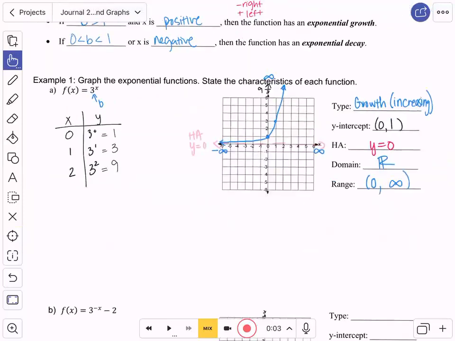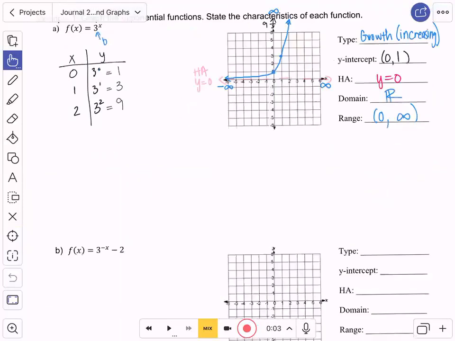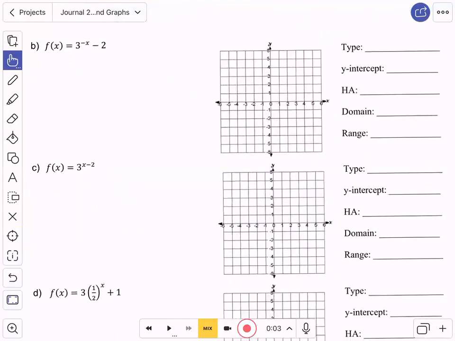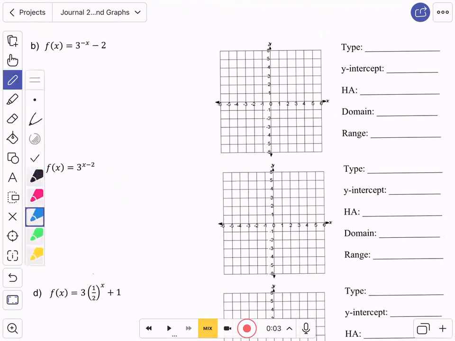All right. So let's try the next one here. What I usually like to do is first take a look at the horizontal asymptote. So I noticed that there's a -2 here. So this is going to be shifting the horizontal asymptote down 2 units.